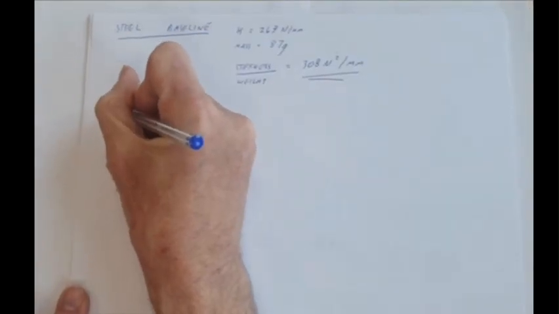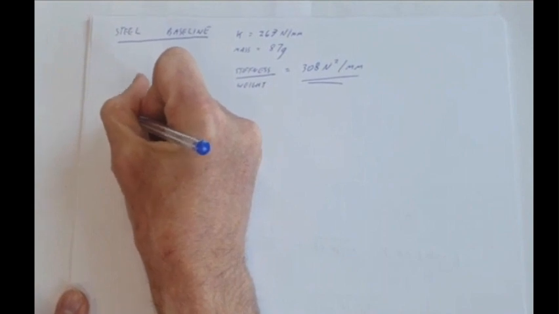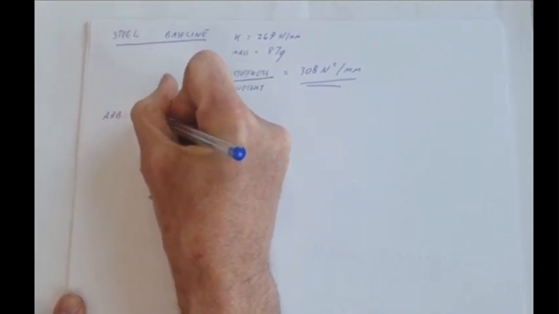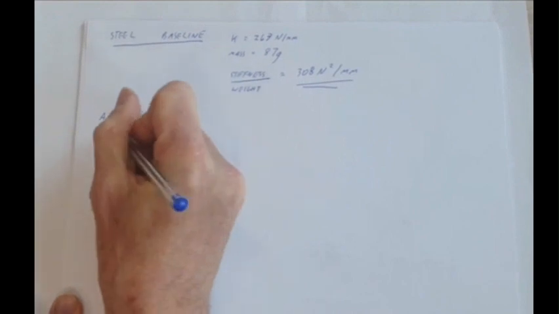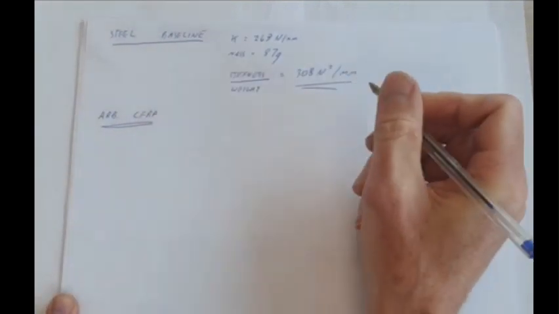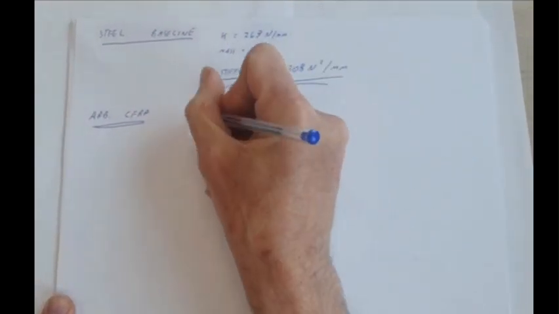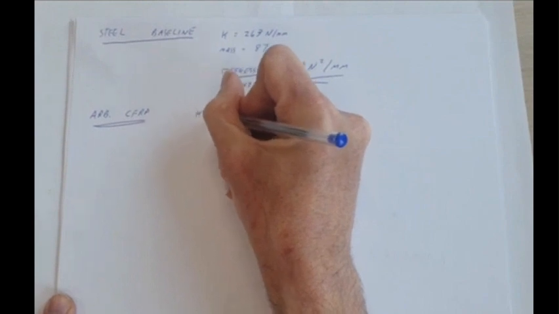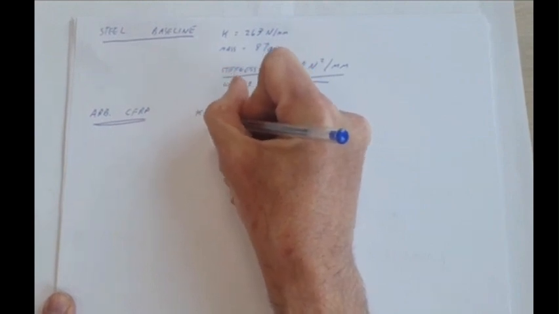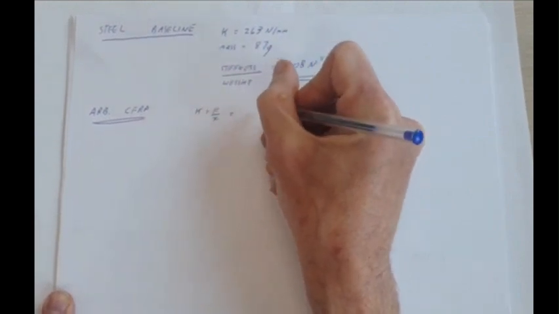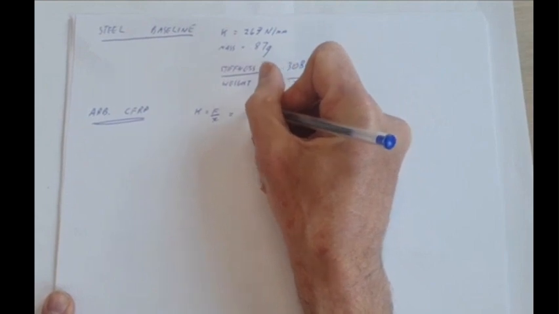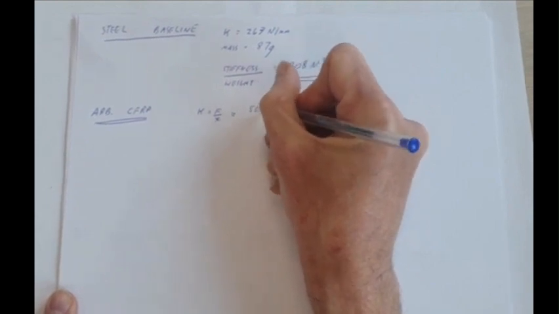Let's now compare that to this arbitrarily laid up carbon fiber reinforced plastic structure. Okay, let's work it out in the same way. K equals F over X equals, what was our force? Our force is the same, so that's 500 newtons.